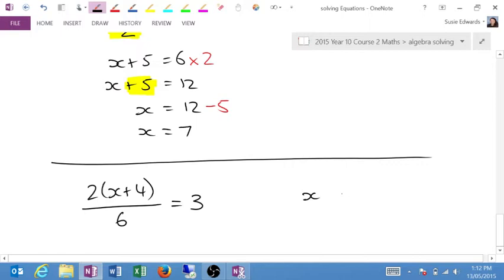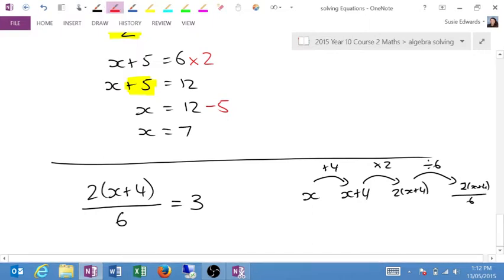The first thing we did was we plus 4. The second thing we did was we times 2. The third thing we did was we divided by 6. So to unravel it, we then go back.